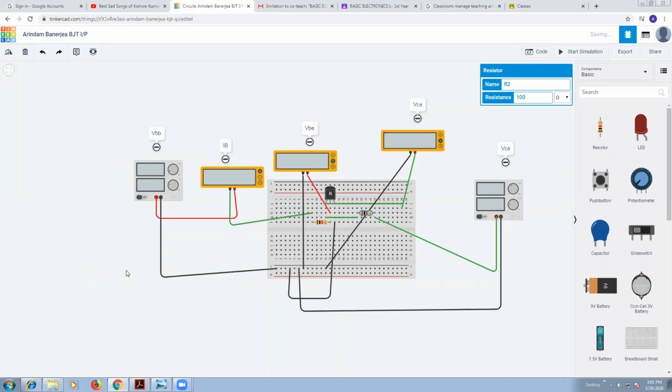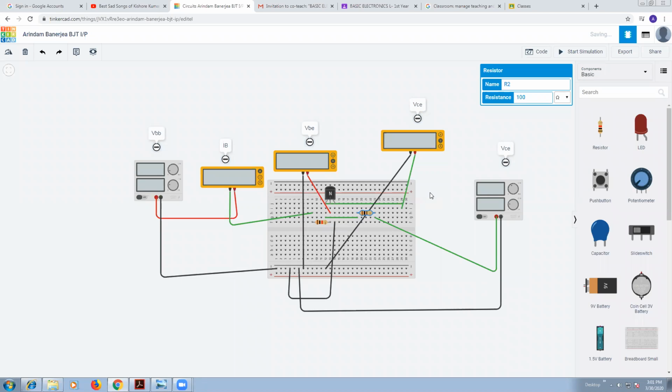You have to keep the VCE first at 6 volt, then 8 volt, then 10 volt. By keeping VCE at 6 volt, you have to vary VBB from 0 to 12 volt, keeping the difference 0.2, that is 0.2, 0.4, and take the reading of the corresponding IB and VBE.